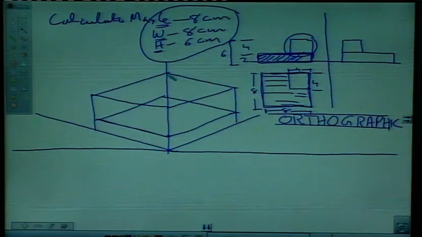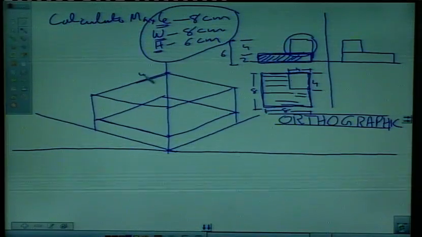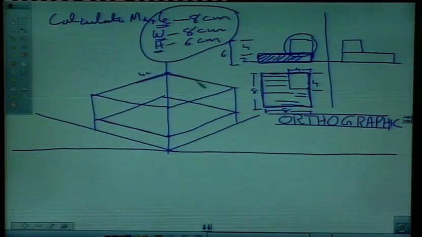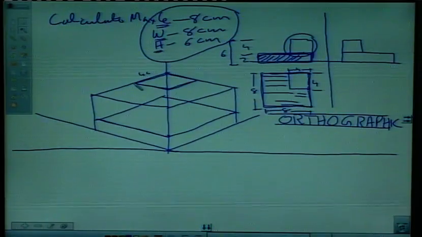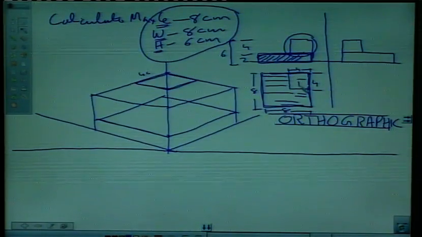From here we can mark, so this point is here, we take 4 centimeter here and 4 centimeter here and draw the top of this cube. And we know that vertical lines remain vertical, so we will draw a vertical line like this, vertical line like this.